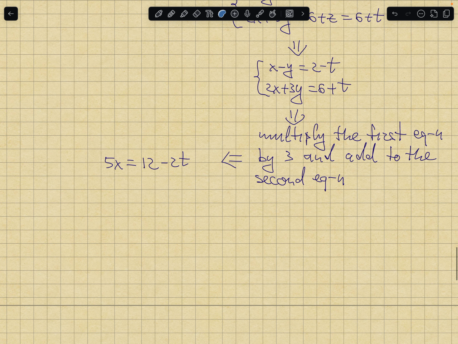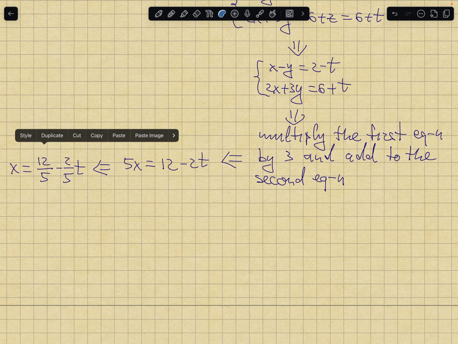And so from here, it will then follow that x is 12 over 5 minus 2/5 t. Okay?